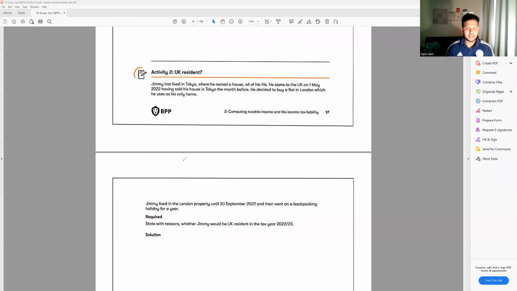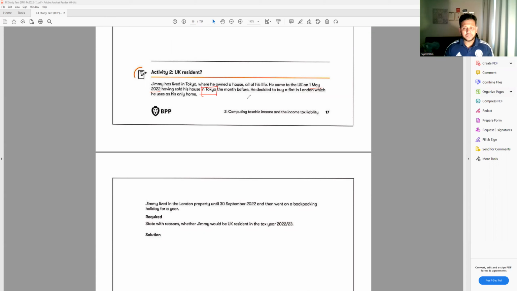The next one is UK resident, activity 2. Jimmy has lived in Tokyo where he owned a house all of his life. He came to the UK on 1st May 2022, having sold his house in Tokyo. That means as soon as he sold his house in Tokyo, he doesn't have any house in Tokyo anymore.